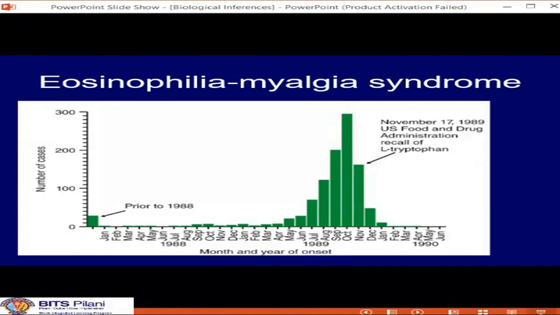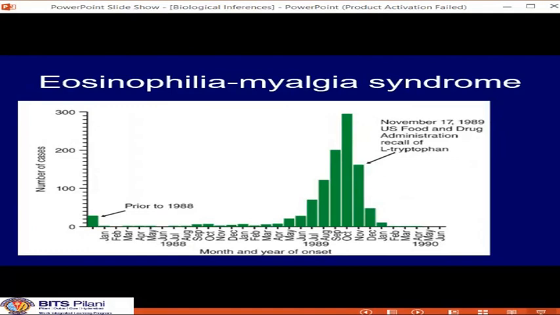You can see that the x-axis is time and the y-axis is the number of people with eosinophilia myalgia syndrome. In the beginning of the graph, prior to 1988, very few cases of this syndrome were described. By mid 1989, there was a huge explosion of cases.